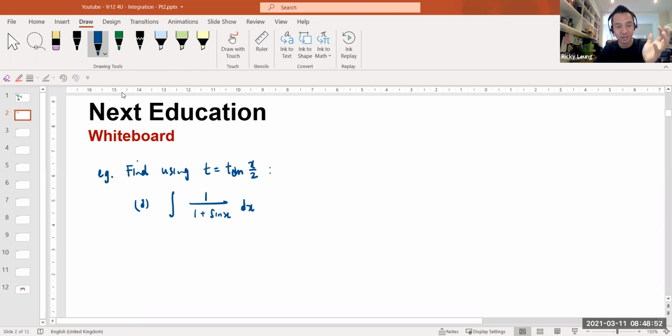You're kind of stuck, because if it was just sine x, maybe you can flip it and use the trig integration rules to do it. But when it's 1 plus, you're kind of stuck. So I say to my students, whenever there's no squares, because if it's like 1 plus sine squared, maybe you can use some trig identities. If you can't use any trig identities, t results will smash it.